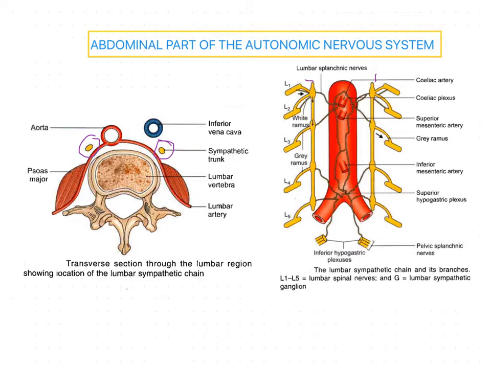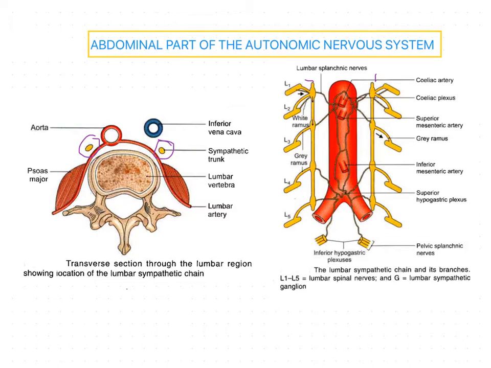Now the other source for the sympathetic nerves is the celiac plexus, formed by splanchnic nerves from the thorax, which supplies all the abdominal organs including the gonads.